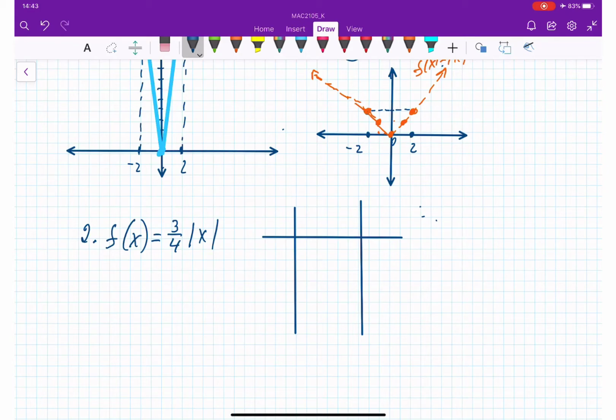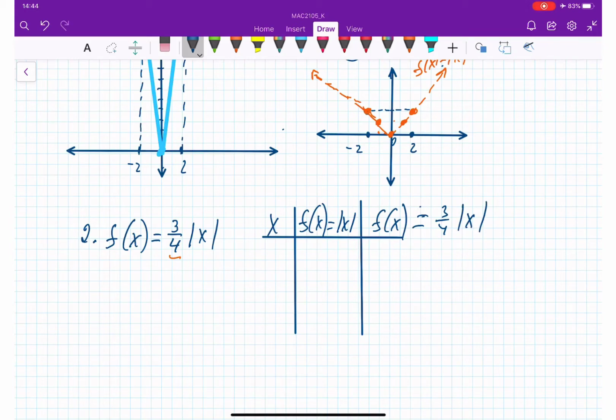Why? Because I have here 3/4, so I want to get rid of the fraction. That's why. You can take any point you want. So this is our x. Here we get f of x equal absolute value of x. Here you get f of x equal 3/4 of absolute value of x.